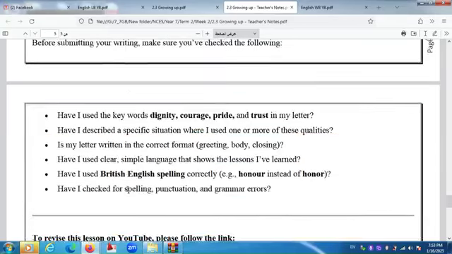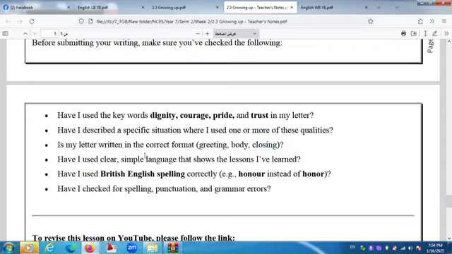Okay? Remember that I used dignity, courage, pride, trust, and all the words. I described a specific situation where I showed some qualities or change of character development. I used the correct format of the letter, starting with the greeting, then setting the purpose of the letter, then the body, the important or main ideas, and then how to close the letter and how to sign off.